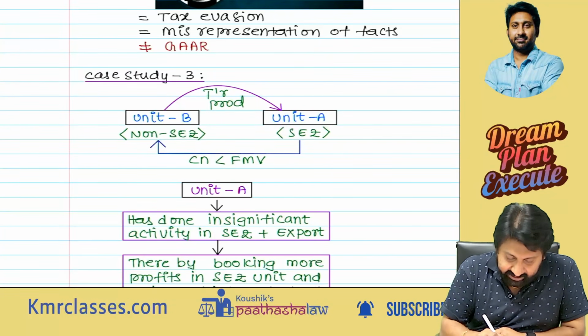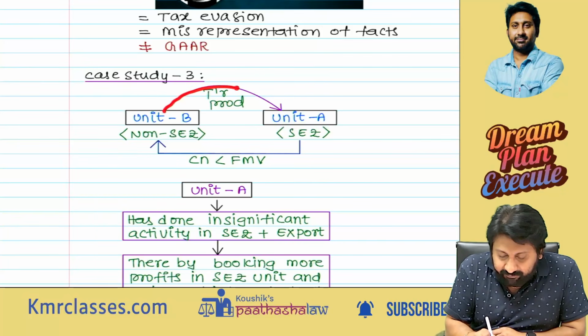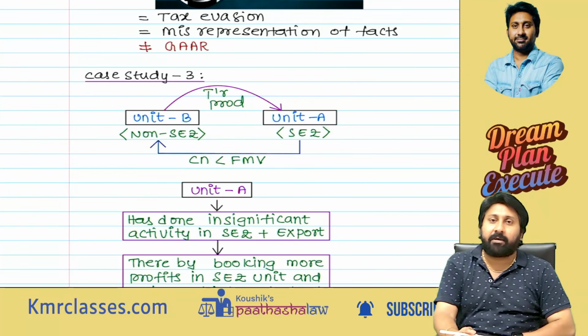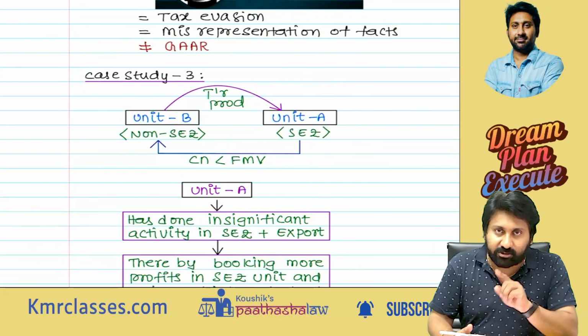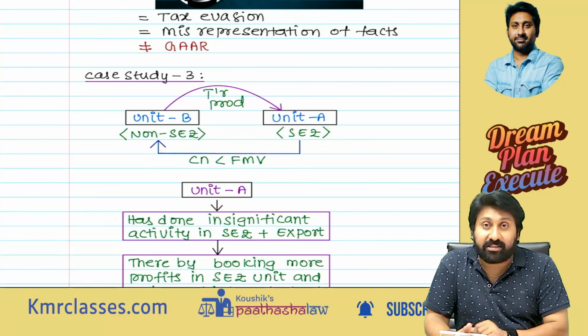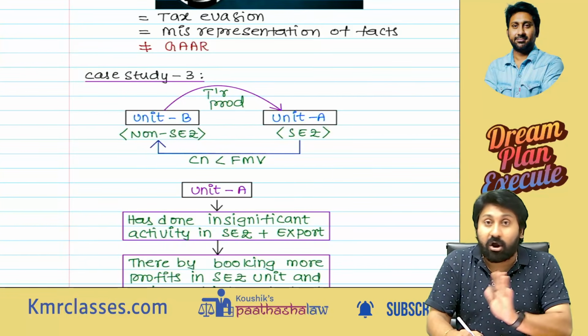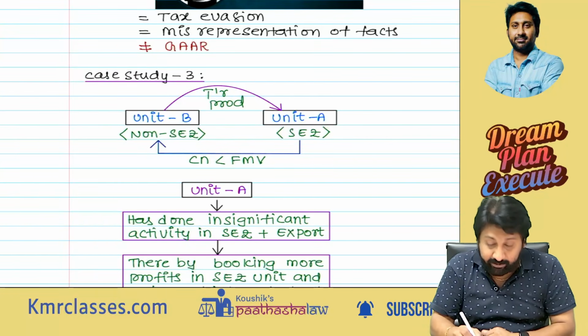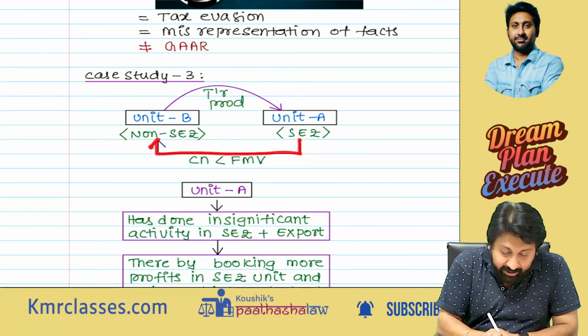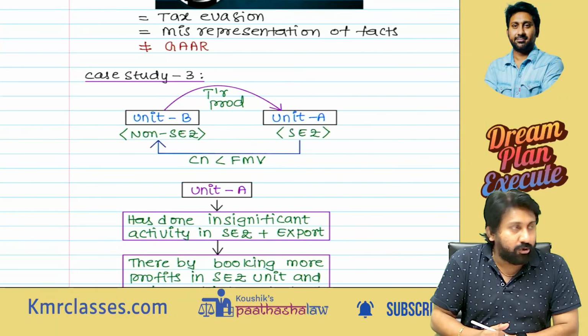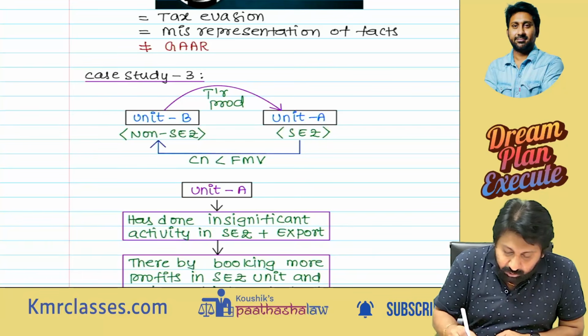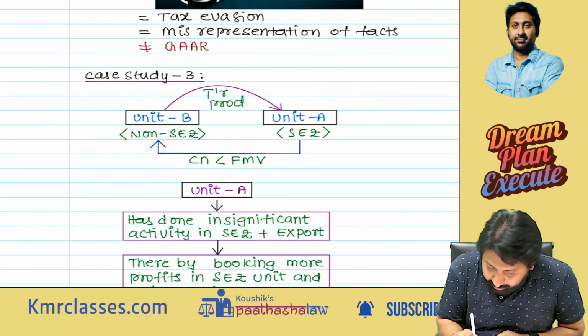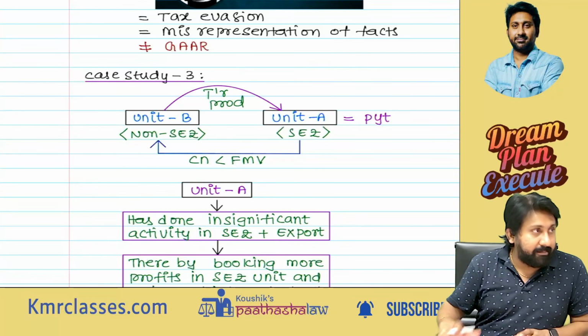What happens is the production will be transferred from Unit B to Unit A, from a non-SEZ to an SEZ. Now what they will do, they will show that they are not just diverting production. Unit A will pay to Unit B. When Unit A pays to Unit B, for this unit it becomes a payment.